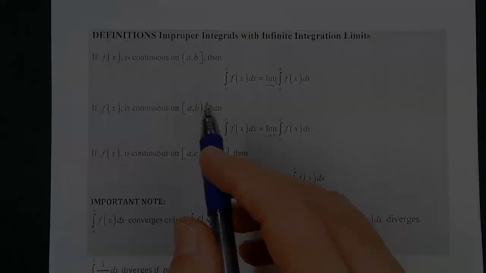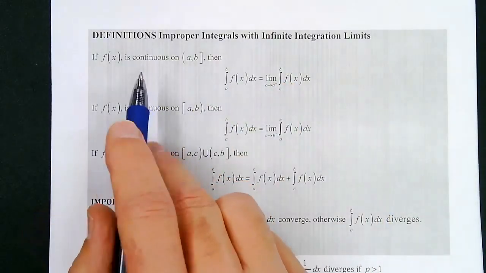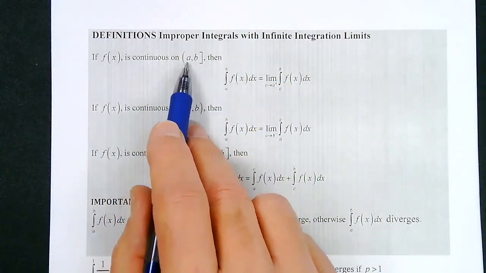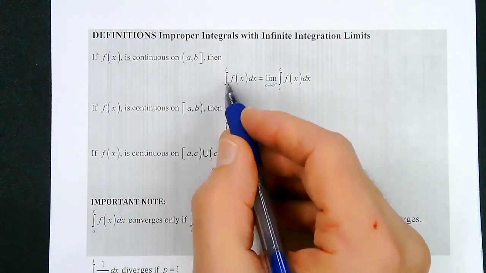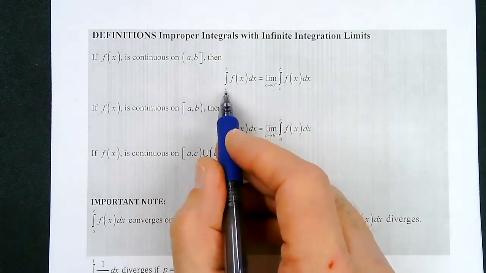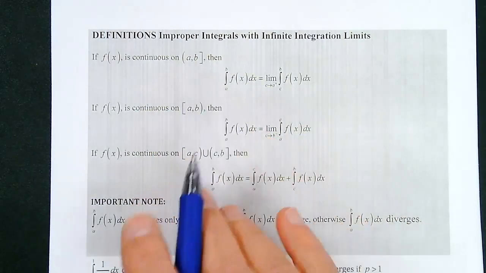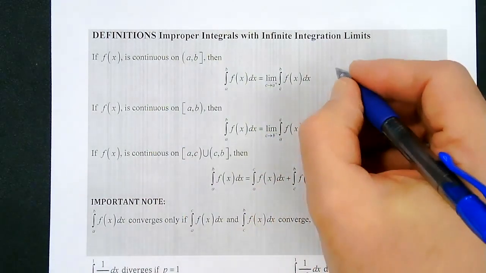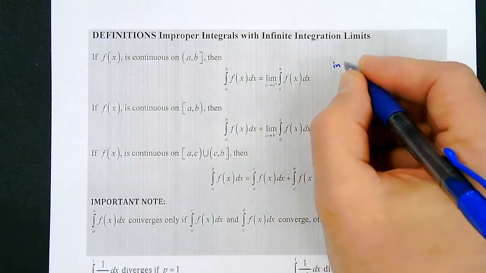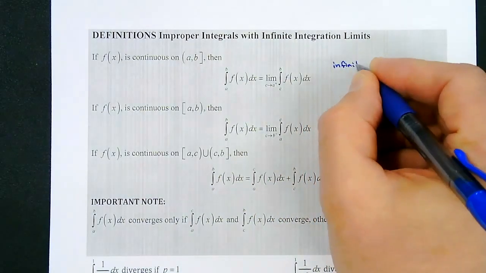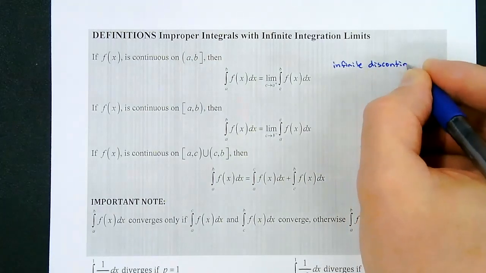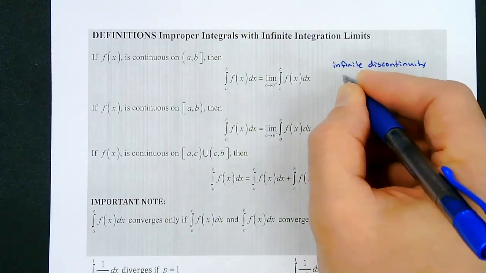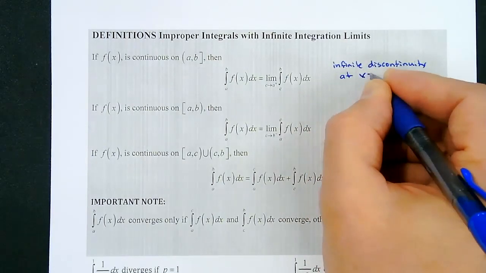All right, for this first one: if f(x) is a continuous function on the half-open interval from a to b, then we look at the integral from a to b of f(x) dx. Here a is the lower limit, where we have a vertical asymptote, an infinite discontinuity at x equals a.